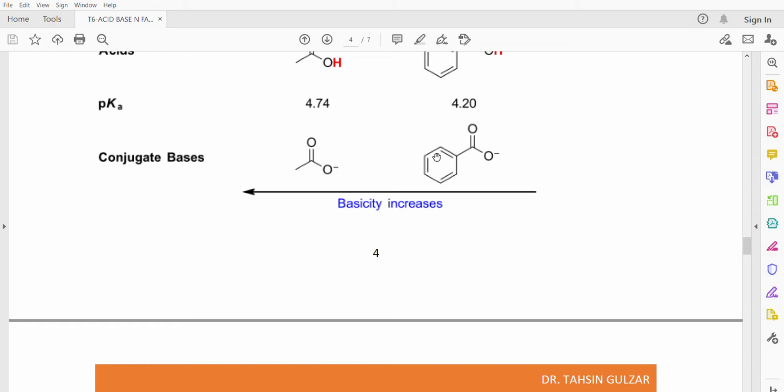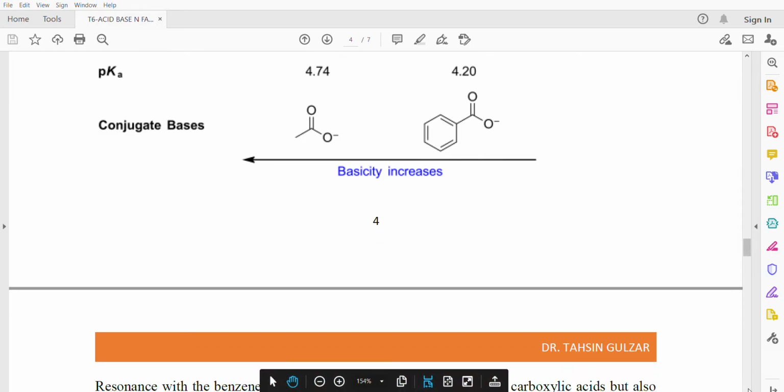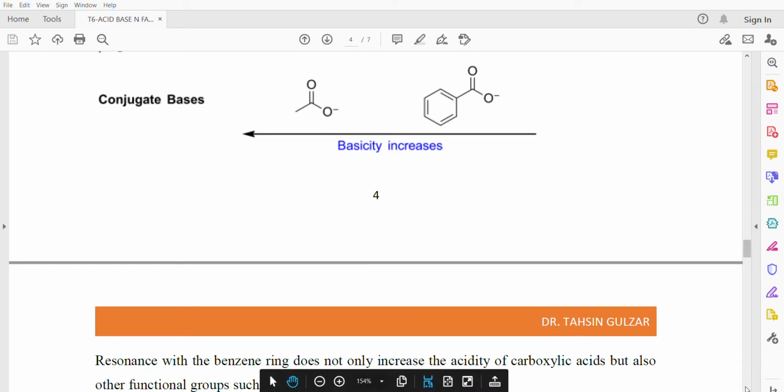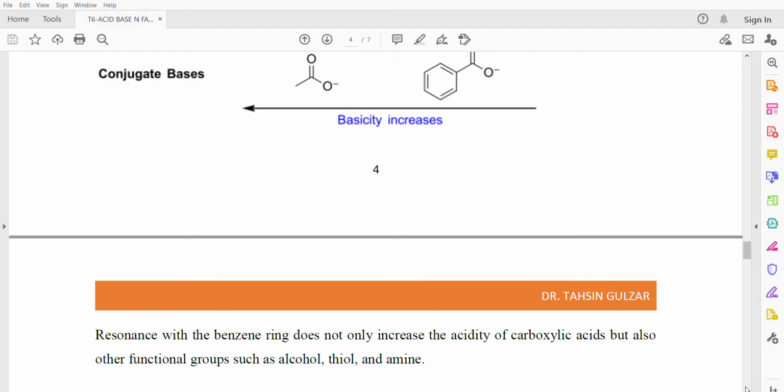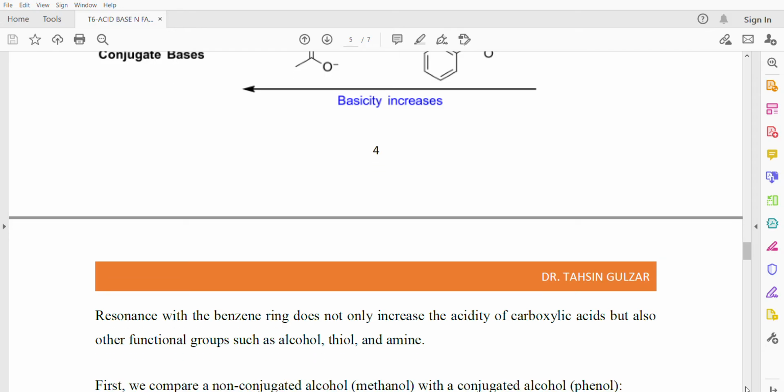Five centers are involved in delocalization, but in the acetate anion only two, so it is easily available in the acetate anion, and it is more basic as compared to the benzoate anion.